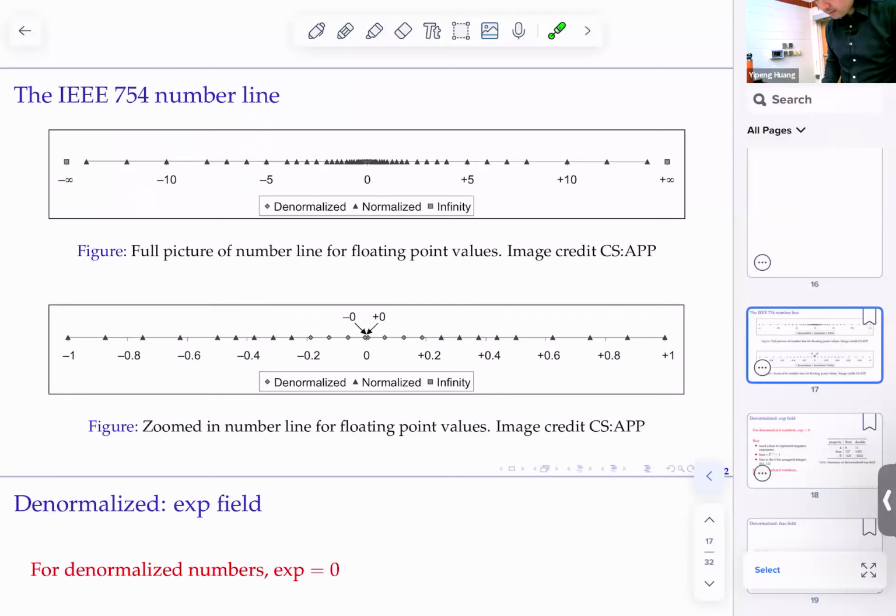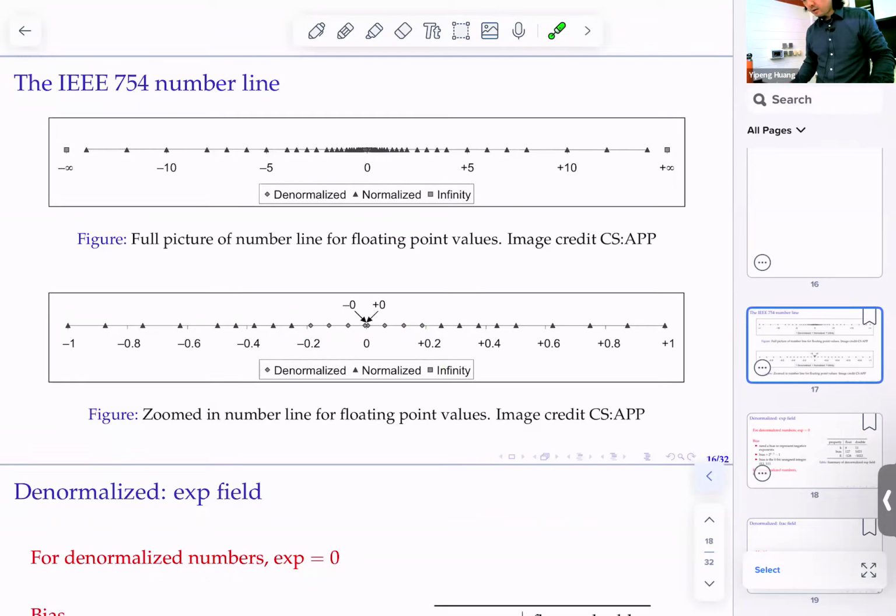And then as we get very close to 0, an interesting thing that it does is it switches from what are called normalized numbers in these triangles to a representation called denormalized numbers, or subnormal numbers in some places that you'll read about it.